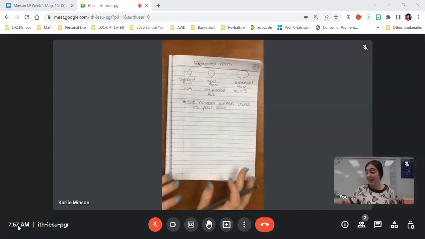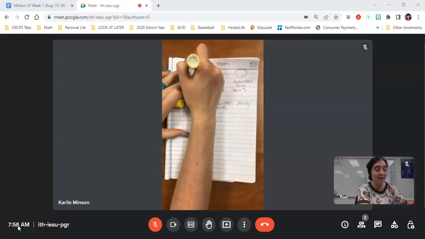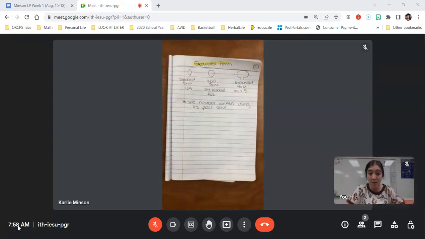All right, expanded form is another one of our vocab words, so I'm going to highlight it. So we have 3 vocab words: expanded form, standard form, word form. Those are 3 that I have shown you. Ms. Wise has shown you some more. So the number written using its place value.